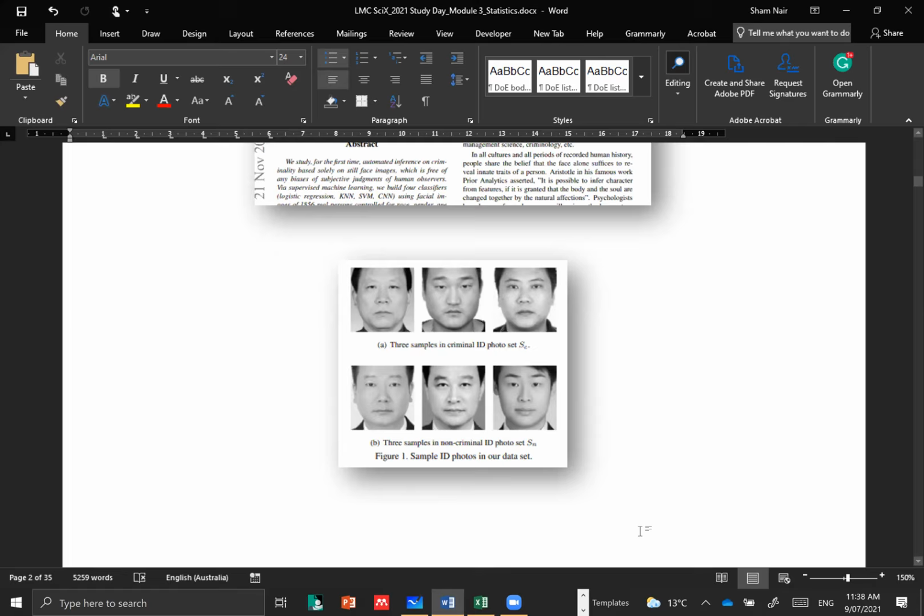Now, again, from a statistical perspective, that's rubbish. You can't do that, because often you find things like, if you look at the photos of people with a criminal record, and if you look at the paper, where did they get those photos from?